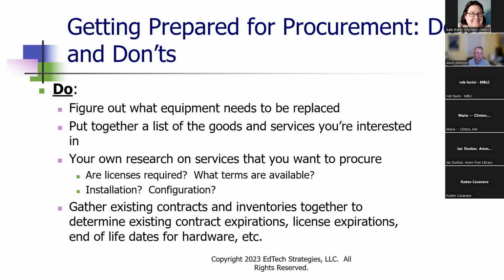You should also put together all of your existing contracts and any equipment inventories and get them all together in one place to figure out what are your existing expirations for any contracts you have in place, any licenses you have, if you have hardware that's coming up on end of life, all that kind of information. It's basically, for those of you who have been around for a long time, doing your technology assessment that we used to require as part of your technology planning process many moons ago.